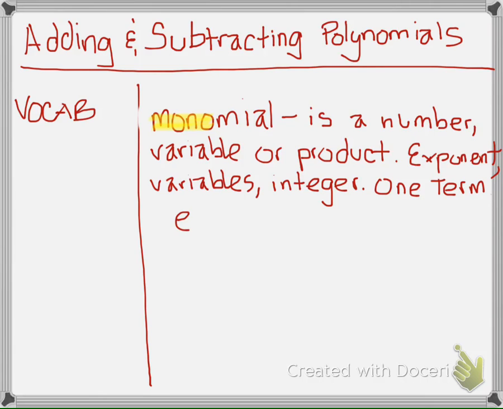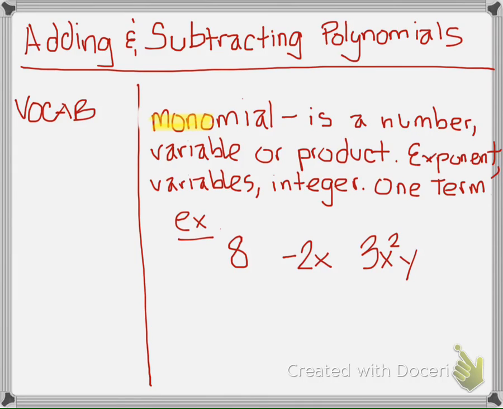Here's some examples. Examples of monomials will be the number 8, all by itself. The number negative 2x, that's a product of negative 2 and x. 3x squared y.